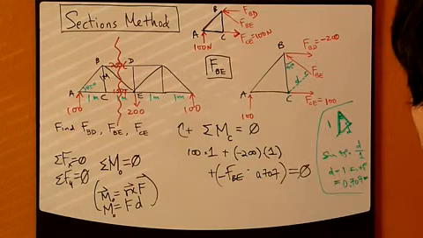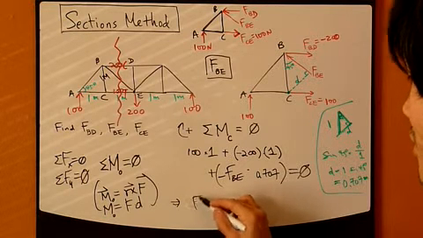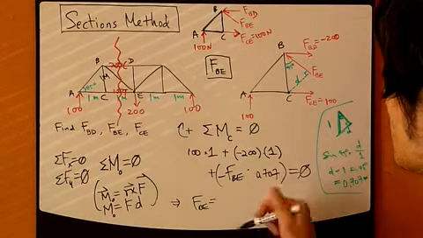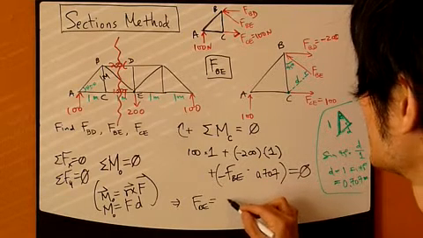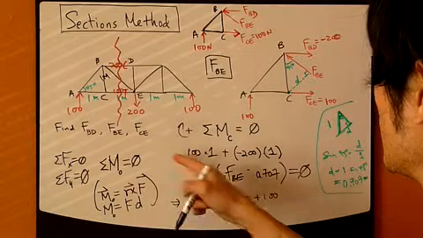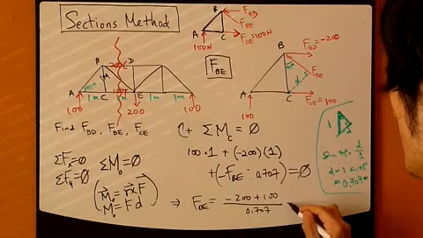Equals 0. Next, just crunch numbers. So FBE equals, move that over, do the math, so it was negative 200 plus 100 divided by 0.707.